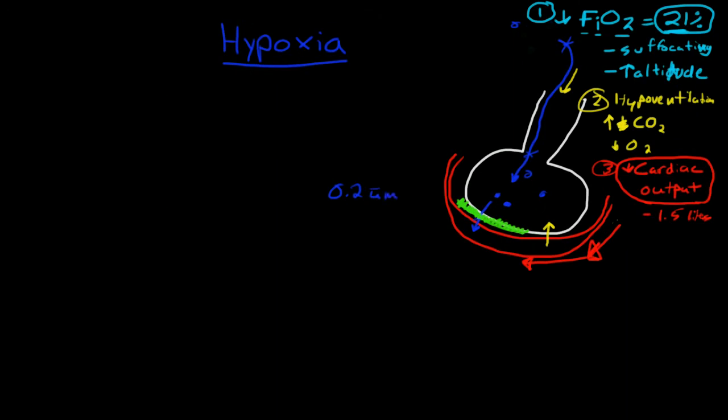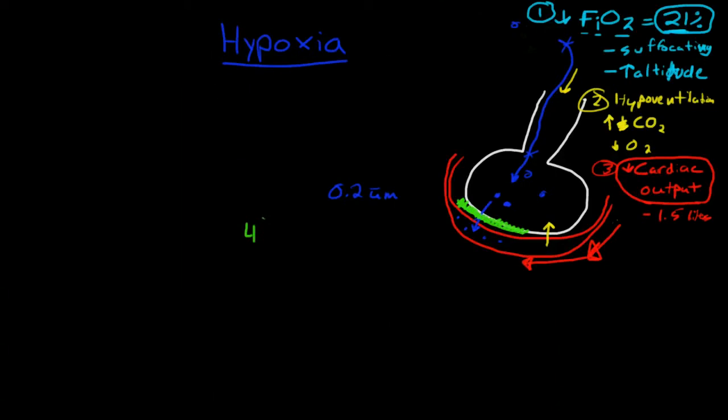Now, if you increase the thickness of this membrane, you are going to decrease the diffusion of oxygen, and you're going to require a higher gradient. So the oxygen concentration here in the bloodstream is going to be much, much lower because it's crossing a thicker membrane.